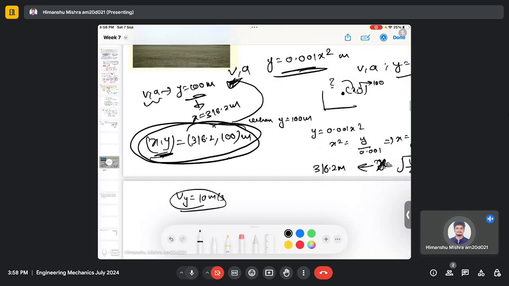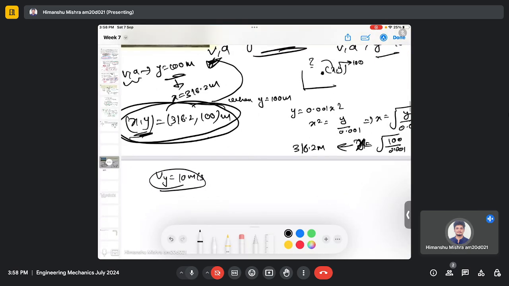So in the two-dimensional case, your overall velocity can be given as the square root of vx square plus vy square. And you already know from the question that your Vy is 10 meter per second, right? So now you need to find Vx so that you can find the total velocity.